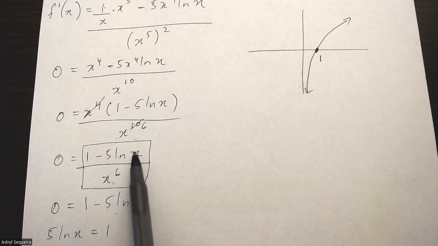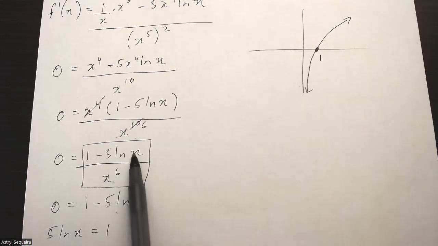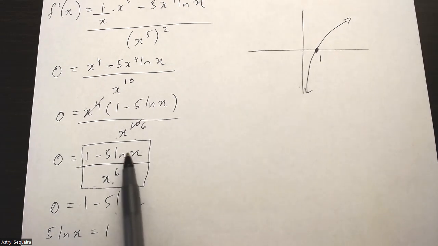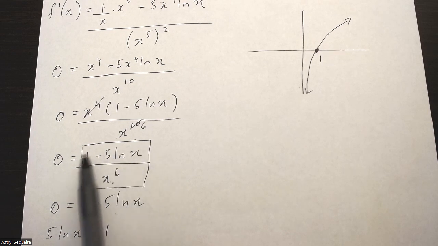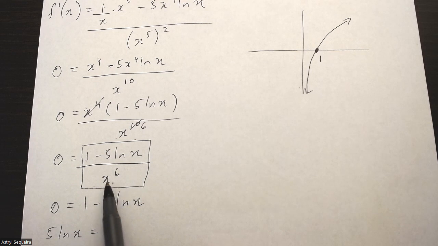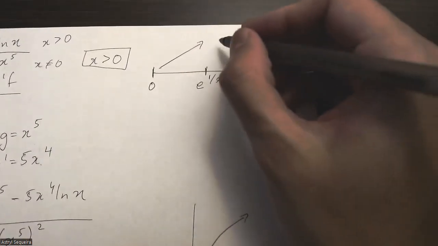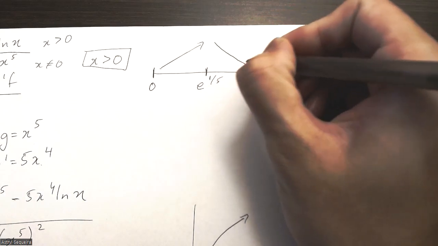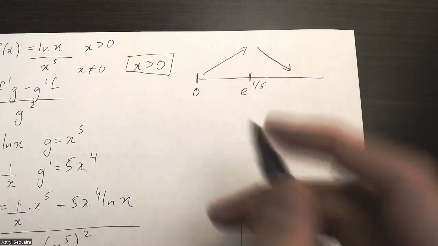So ln e is exactly 1. e is 2.7, which means ln 10 is definitely bigger than 1. So this is going to be 1 minus 5 times a number bigger than 1, which is definitely going to be a negative. Bottom's still going to be positive. Negative divided by positive is negative, which means that the graph is decreasing for the rest of the time.